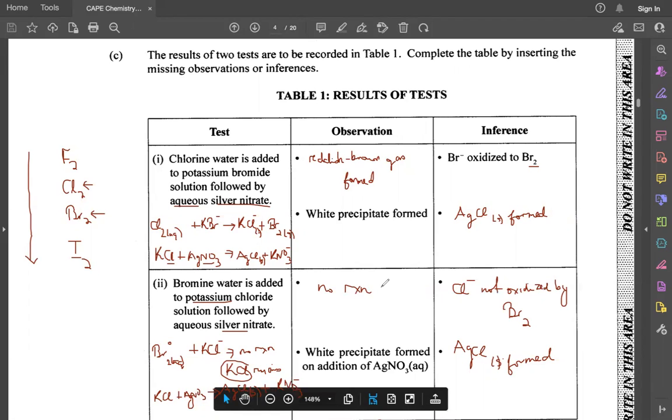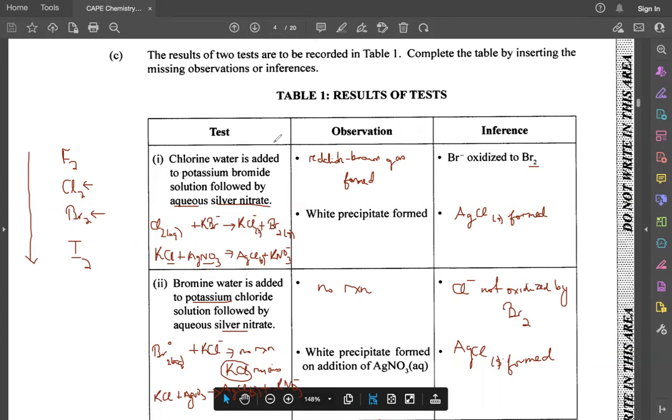So we see no reaction, and we can infer from that that the Cl minus is not oxidized by Br2. Right, so we're left with the Cl minus in that form, and that is the form in which it reacts with the silver nitrate to give us the silver chloride that we see as the white precipitate, and of course the KNO3 is there as well.